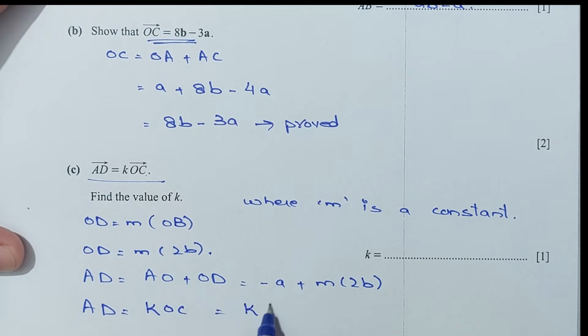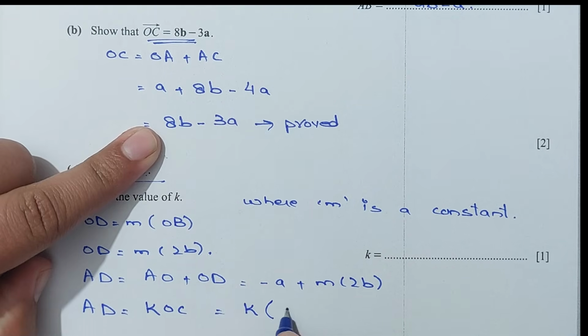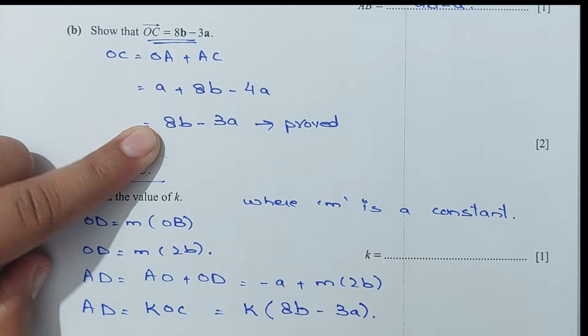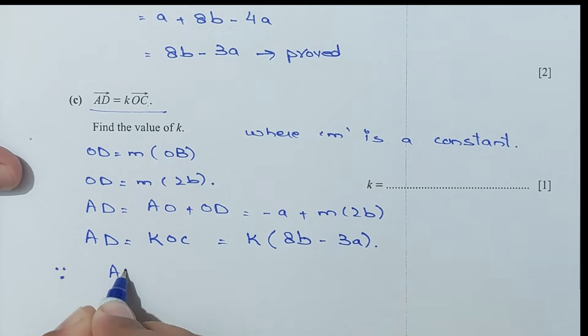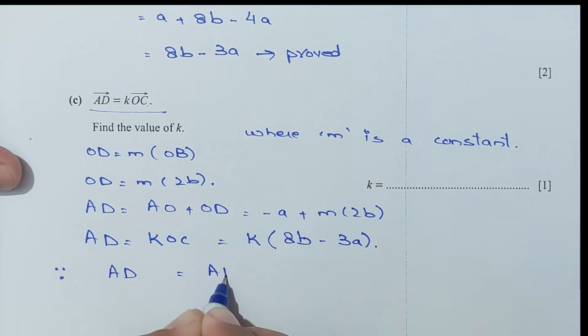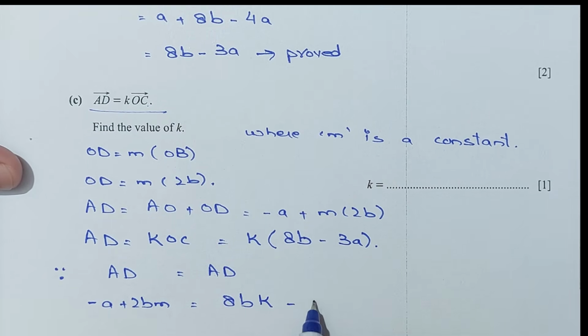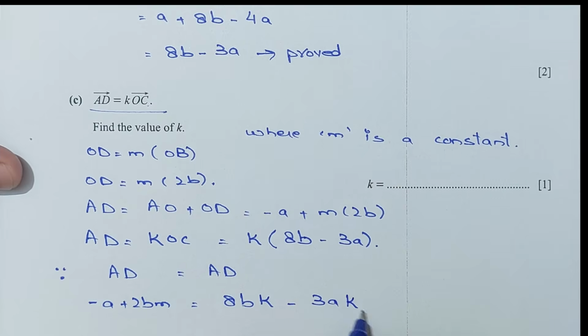So k times OC, we have OC as 8b minus 3a. All right. Now we have two expressions for AD. Comparing the coefficients: negative a plus 2m b, and 8k b minus 3k a, right?